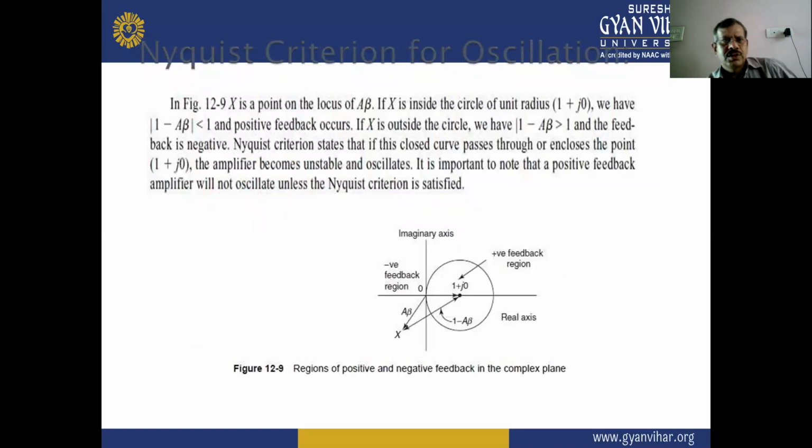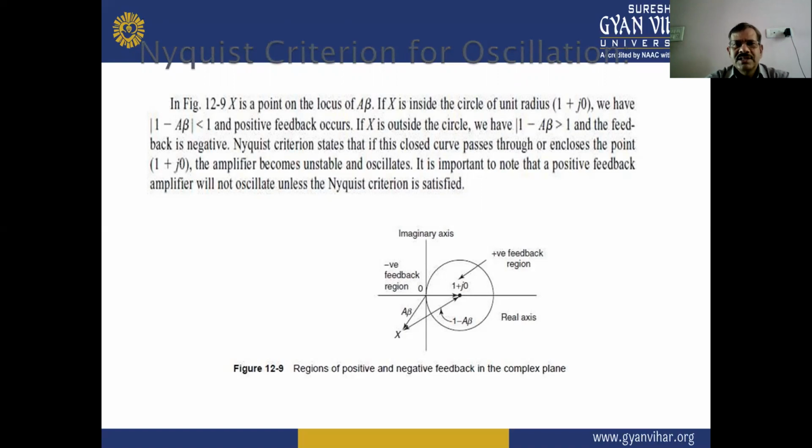So in Nyquist criteria, here a figure is given. In this figure, region of positive and negative feedback in the complex plane. So in this figure, X is a point on the locus A beta.